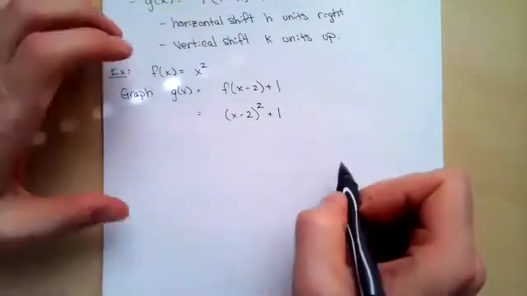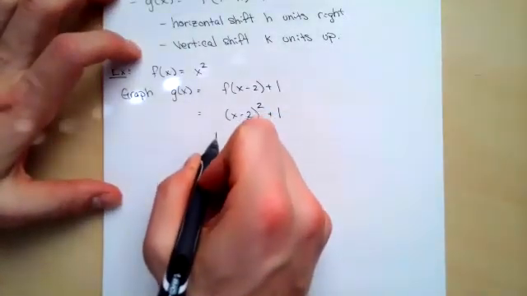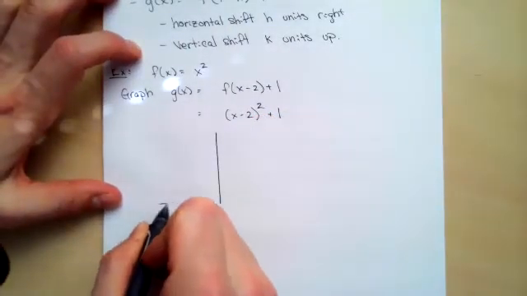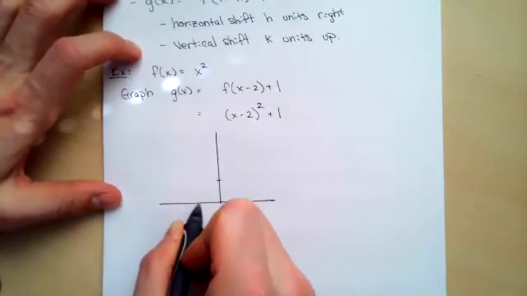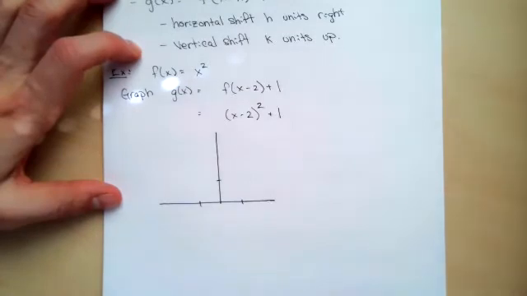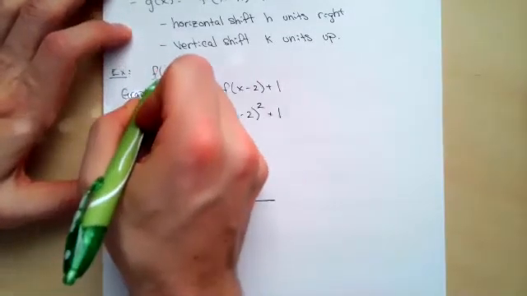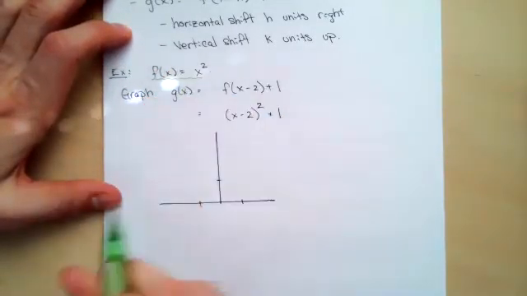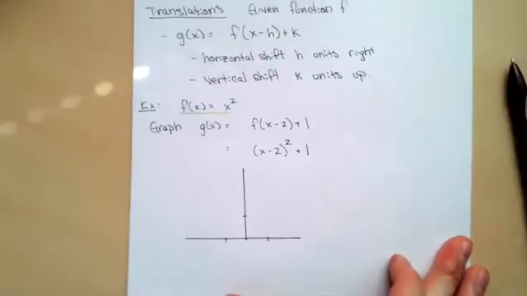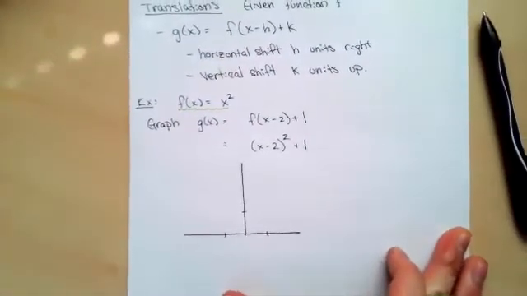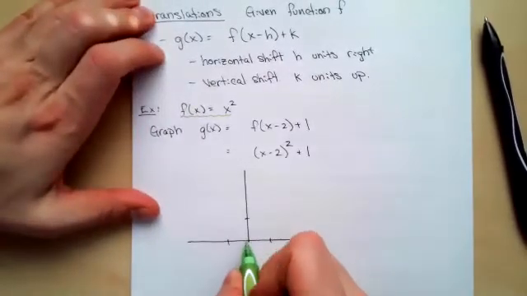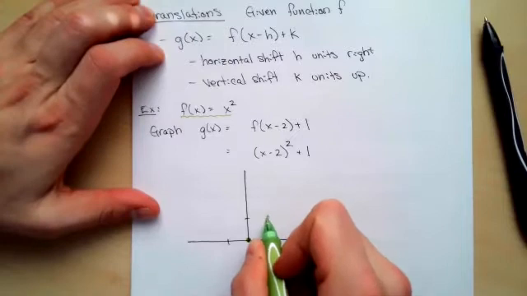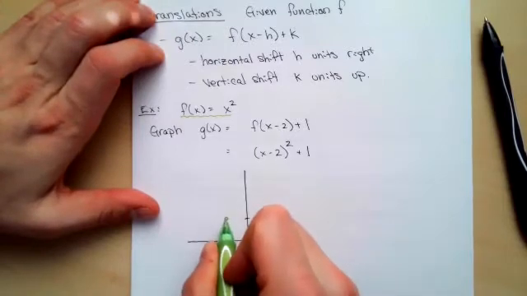And so let's draw the graph. Our parent function is x squared. I'll graph that in green here. We have our 0, 0, our 1, 1, and our minus 1, 1.